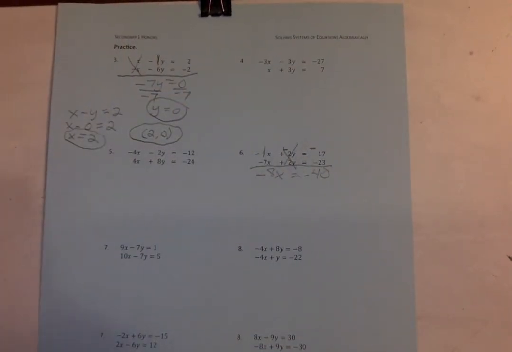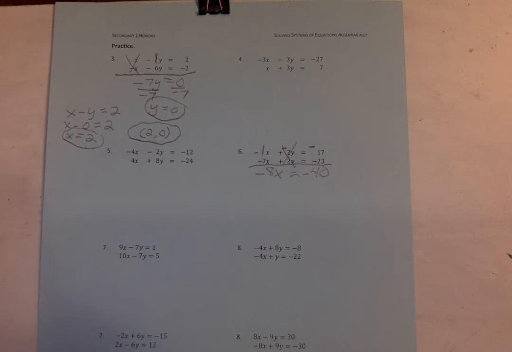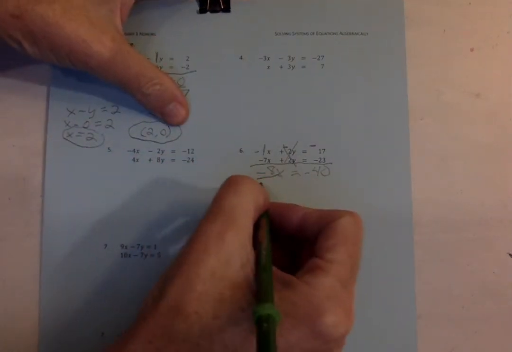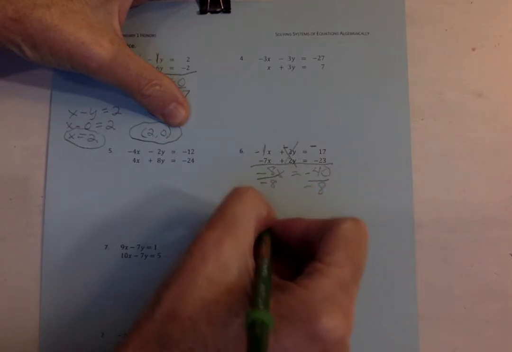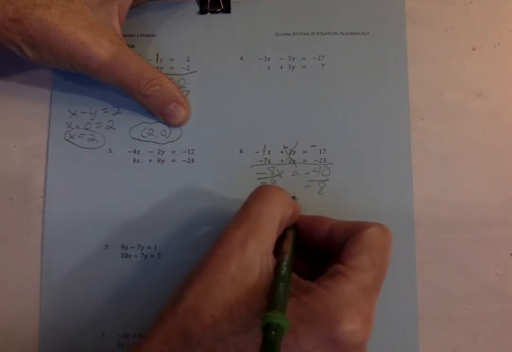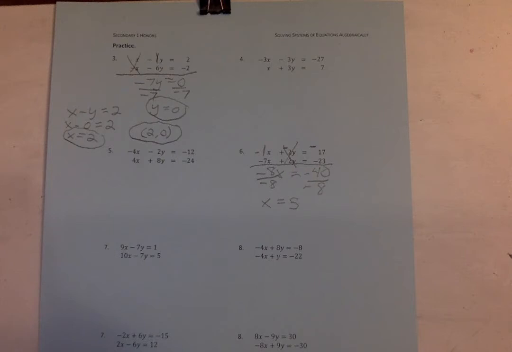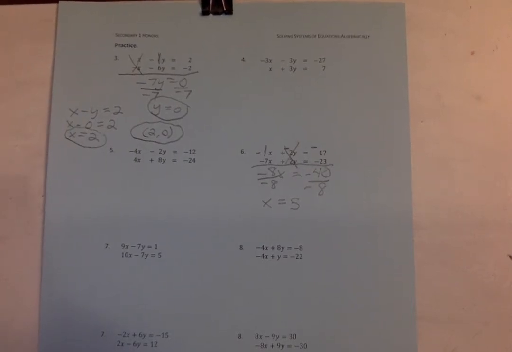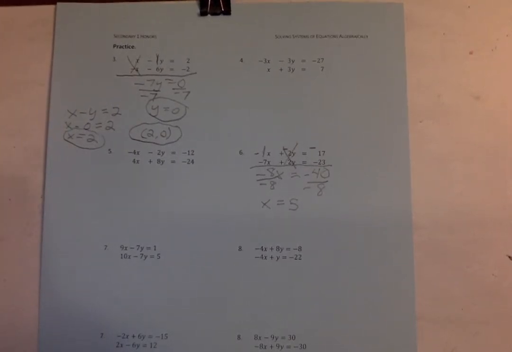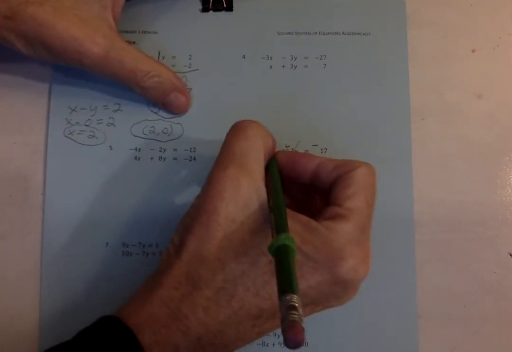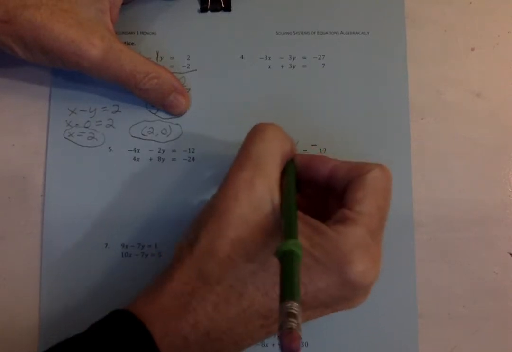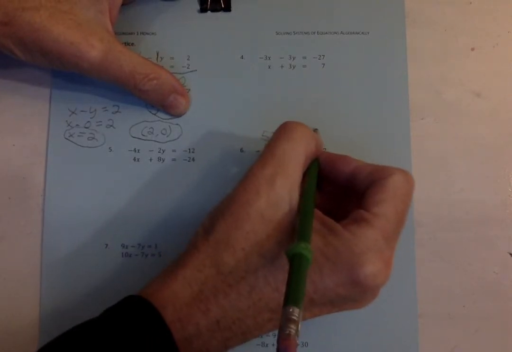Okay. Now we solve for x by dividing by negative 8. And I'm getting a terrible glare, so I hope you can see it better than me. So if x is 5, we can go back to this top one before we multiplied by a negative 1, and we can say 5 plus 2y equals 17.